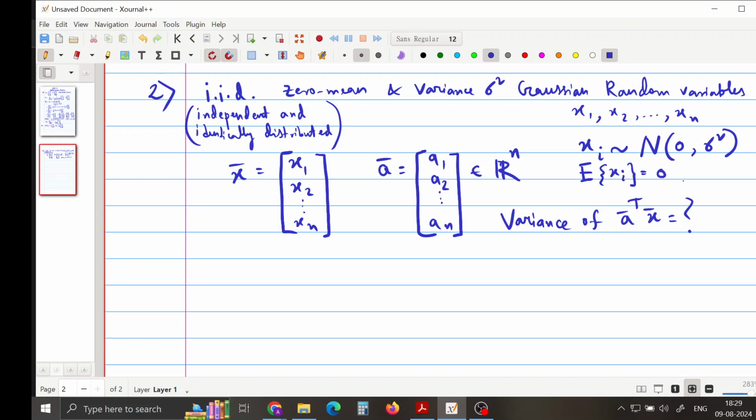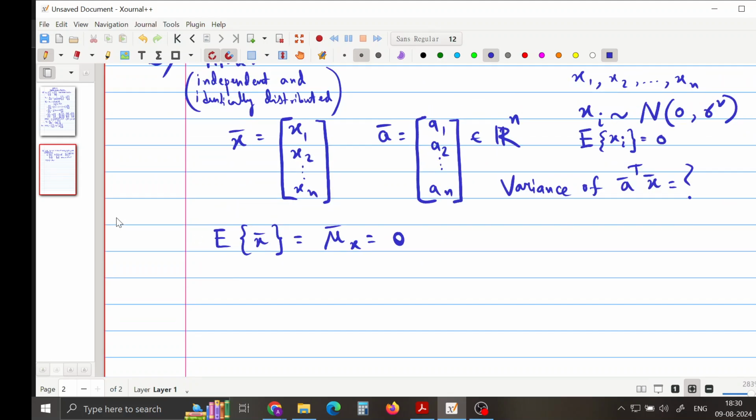And x bar is the vector of those random variables, the Gaussian random vector. The expectation of x bar, which I am denoting by mu x bar, is 0. It's actually the zero vector. So this is the mean vector.